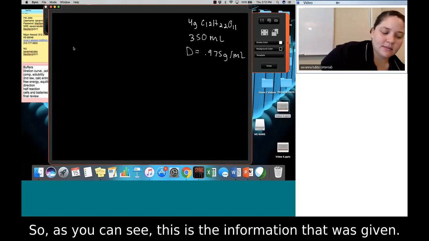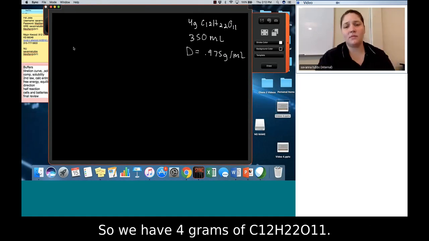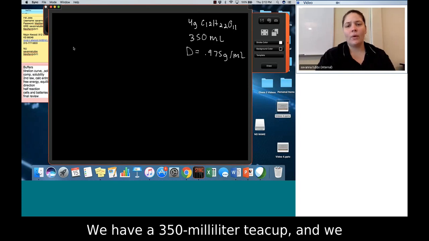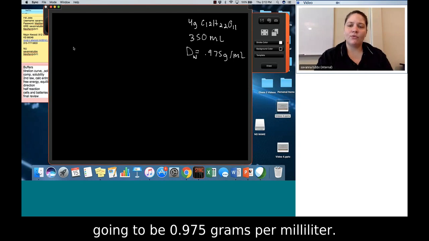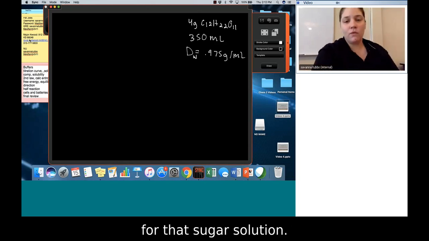So as you can see, this is the information that was given. So we have 4 grams of C12H22O11. We have a 350 milliliter teacup, and we know that the density for water is going to be 0.975 grams per milliliter. And we want to know the percent composition for that sugar solution.